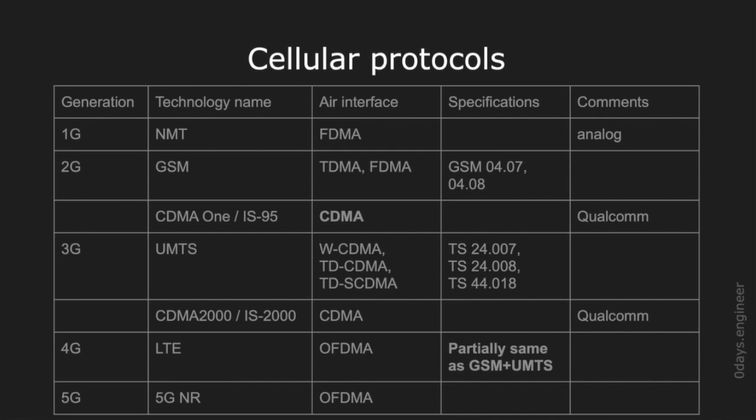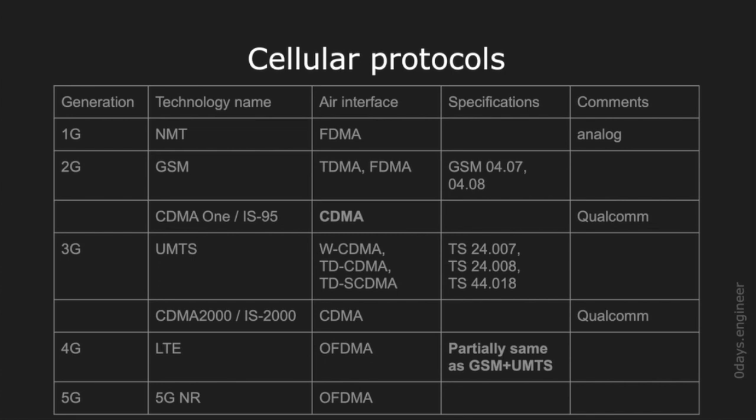The second most important thing about cellular protocols is the air interface. This is the lowest level protocol, which defines how exactly the cellular signal is digitized and read from the electromagnetic wave, and how exactly the different players in this field divide the space. Historically, there existed two main implementations of this low-level protocol, TDMA and CDMA.